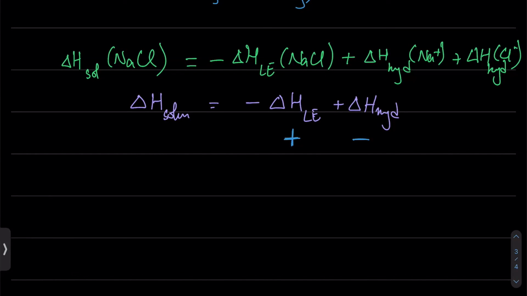So if the hydration enthalpy is slightly less than lattice energy, you can provide that energy by heating it. Okay? But if it is already higher, it will dissolve readily. But if it is lower and much lower, it will not.